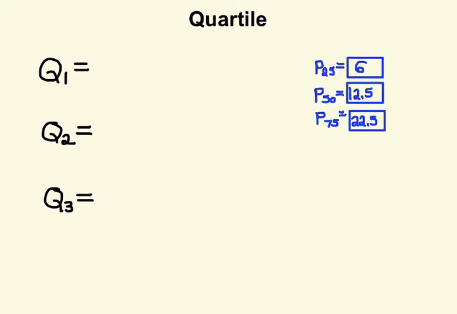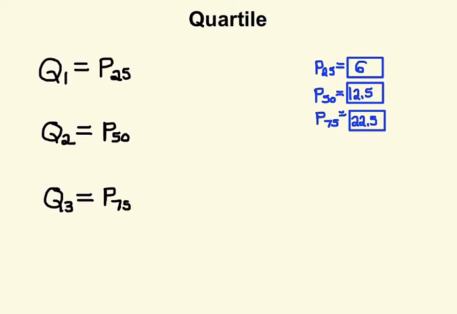Our first quartile is our 25th percentile. Our second quartile is the 50th percentile. And the third quartile is our 75th percentile.